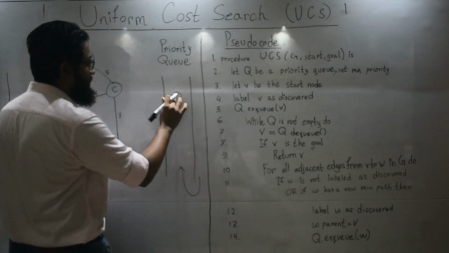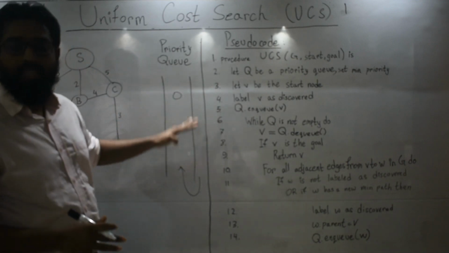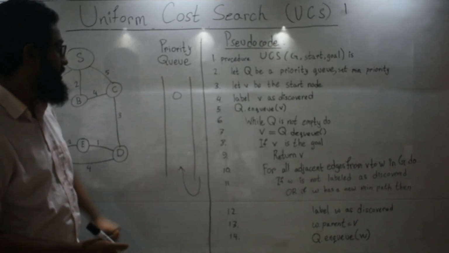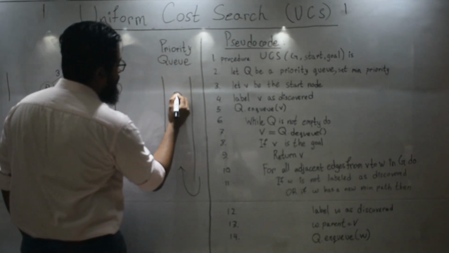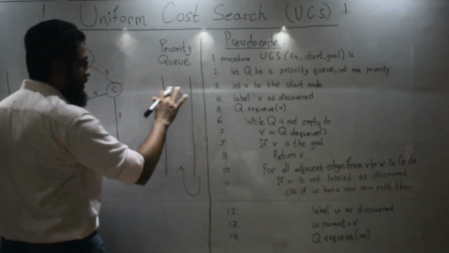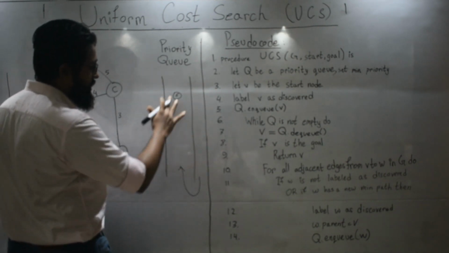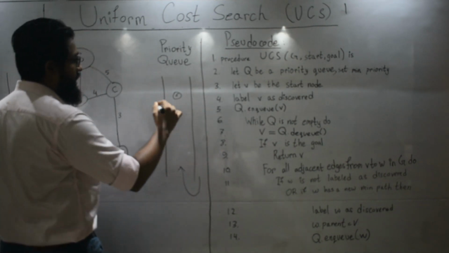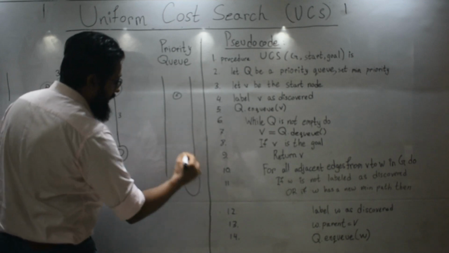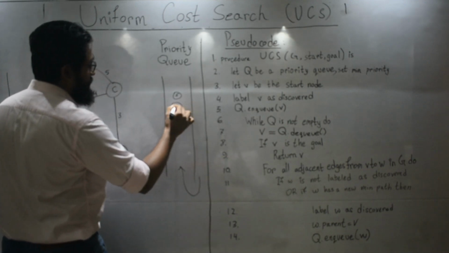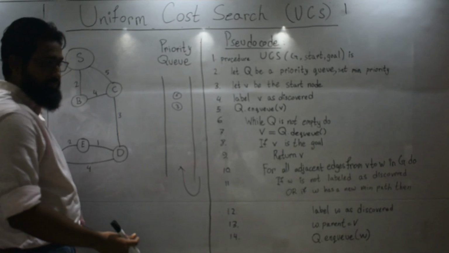You insert an object, but here all objects are not equal. You have to assign values to them. Suppose this is 5, whatever object it is. You have enqueued an object and it is 5.